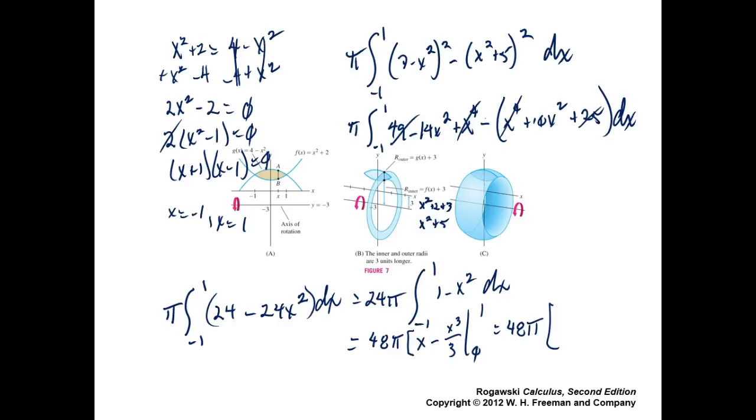The 0, take care of that, it's out of there. So this will be 48 pi times 2/3. Now, 3 will go into 48, 16. So this is 32 pi. All right. Yep, that's what they got, 32 pi.